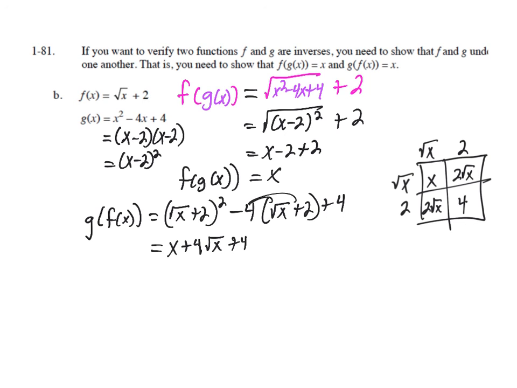I'm going to distribute here. Minus 4 square root x minus 8 plus 4. Let's see here. Well, those add to 0. 4 plus 4 is 8, minus 8 is 0. And I'm just left with x.